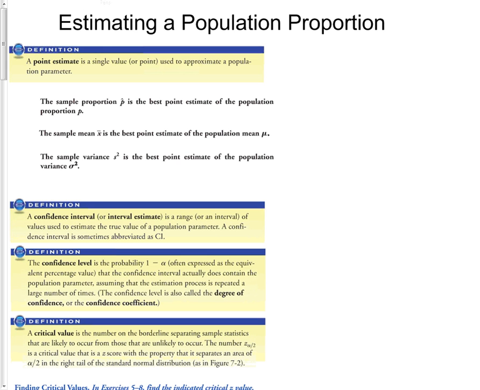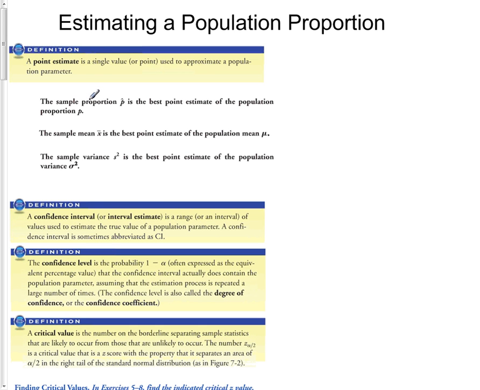The first definition we want to look at is the definition of a point estimate. And a point estimate is a single value or point used to approximate a population parameter. All right, so we have the population with its parameters, and we want to estimate that population parameter, and we're going to use a single number to do that.